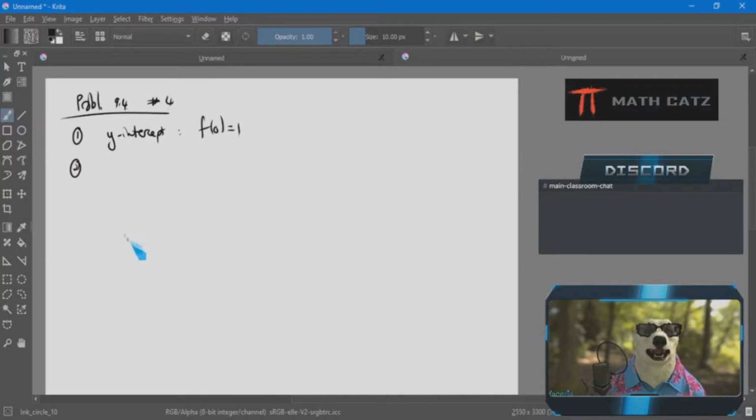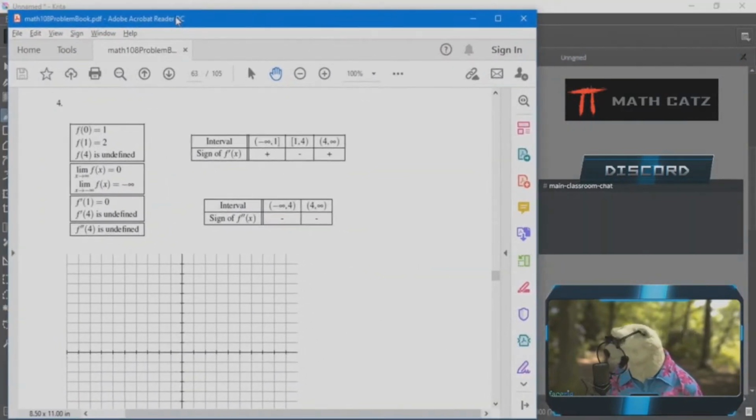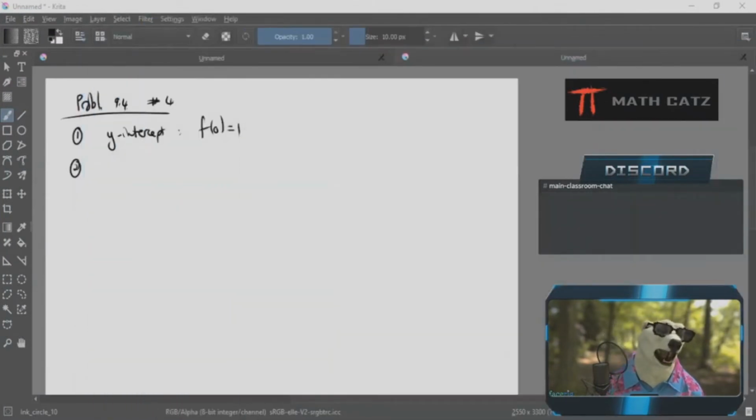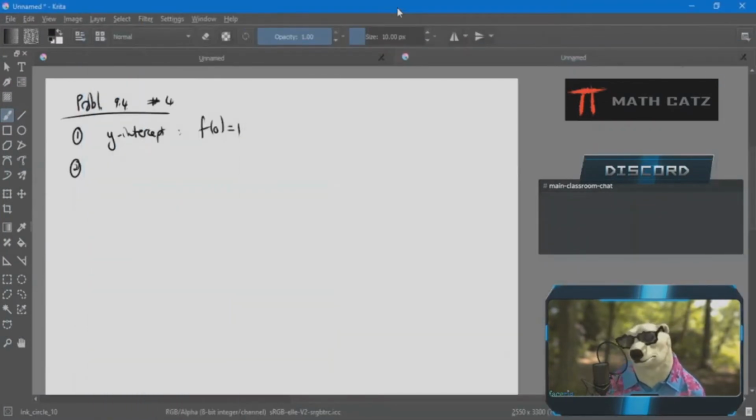Asymptotic behavior. Now they give me some other information. F of 1 is 2. I'll use that later. I have to use it if it's there, but I don't care too much right now. F of 4 is undefined. Now, admittedly, it should be stated a little bit more clearly, but that is going to be a vertical asymptote. I will try in the test to be a little bit more clear.